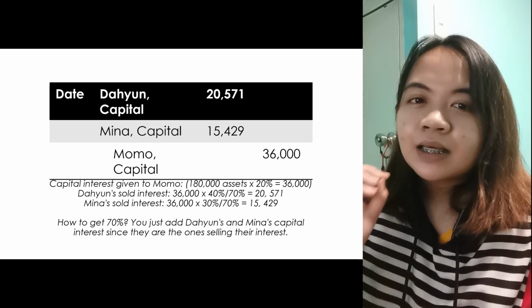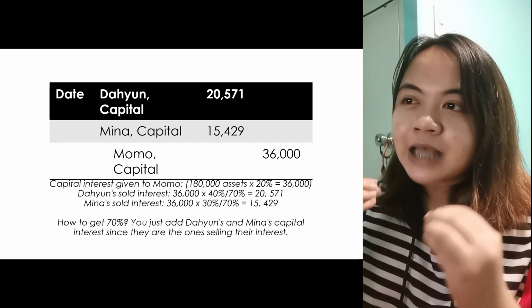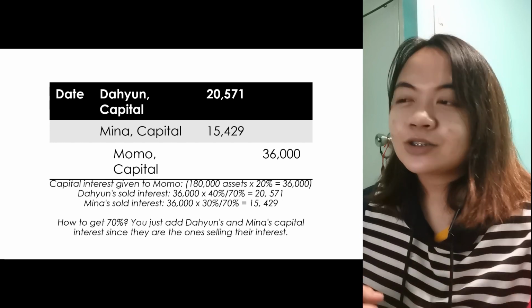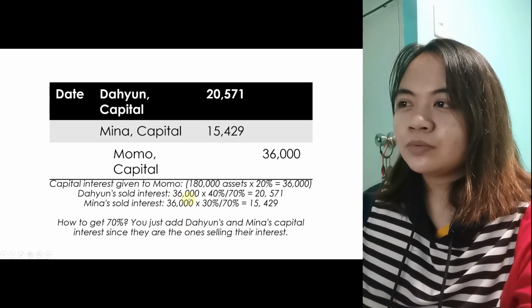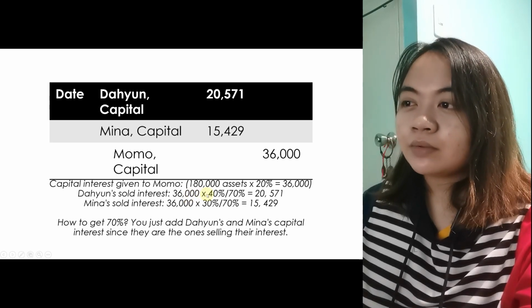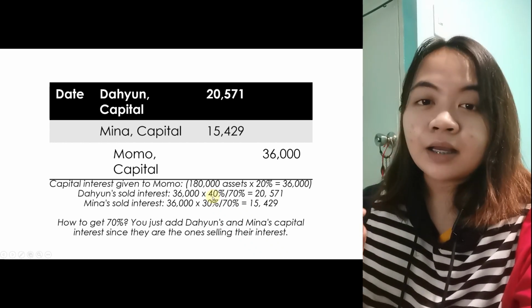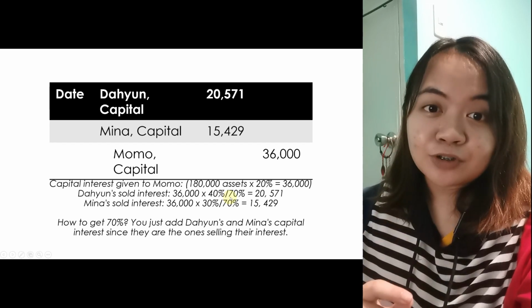Again, this is not hatian ng profit or loss. This is hatian ng capital. Capital interest. So, paano ginagawa yon? First, you put the 36,000, multiply it by the ratio, capital interest ratio ni Dayon na 40%, divided by 70%.